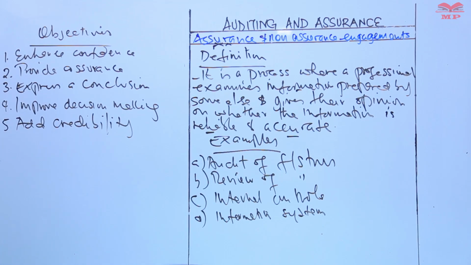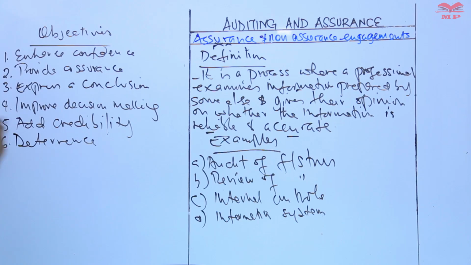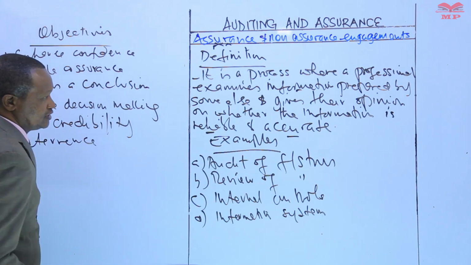All right. These are primary objectives. There are other secondary objectives like deterrence. Deterrence is an objective. The presence of an assurance engagement can deter the responsible party from misrepresenting information or engaging in fraudulent activities.